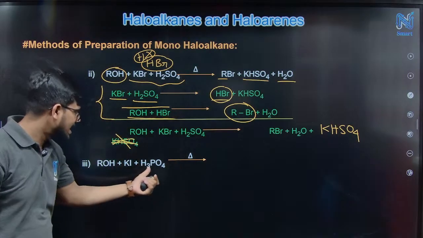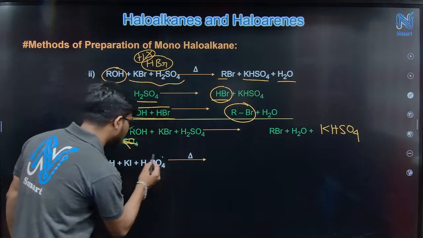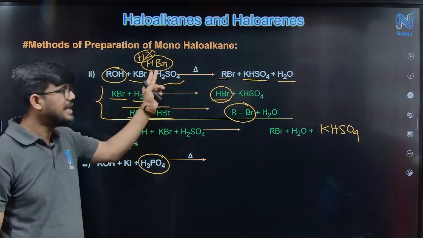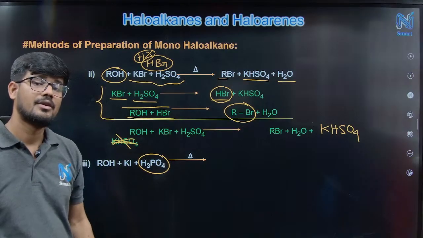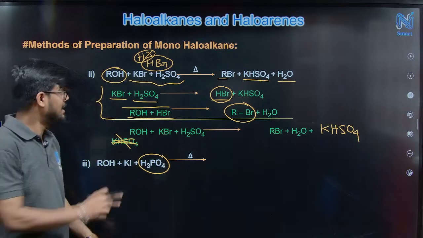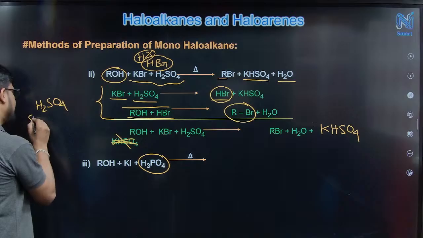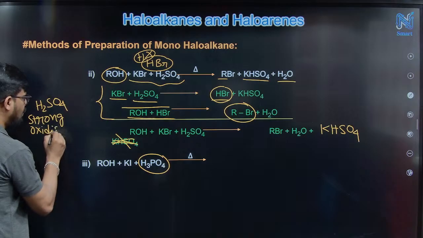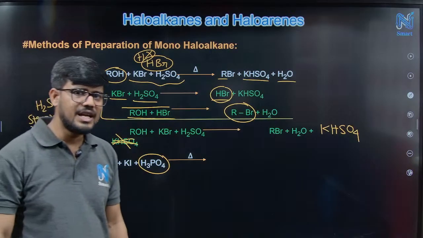Next, check here: KBr and H2SO4 we are using, but here instead of H2SO4 we are adding H3PO4. Why? We can directly use H2SO4, meaning we can replicate the previous reaction, but here we are using H3PO4. Why? The reason is that H2SO4 is a strong oxidizing agent.